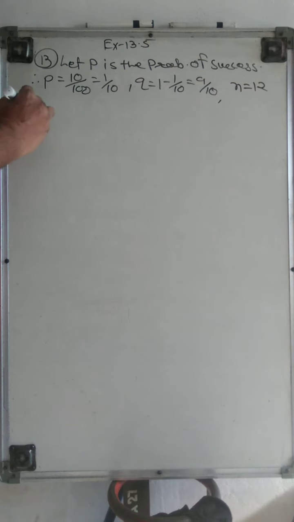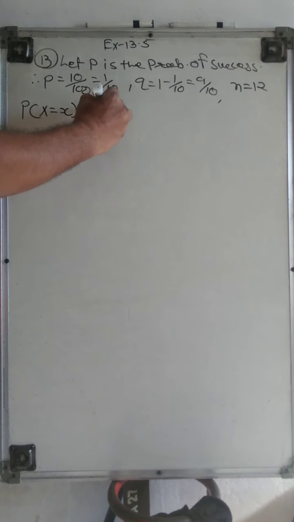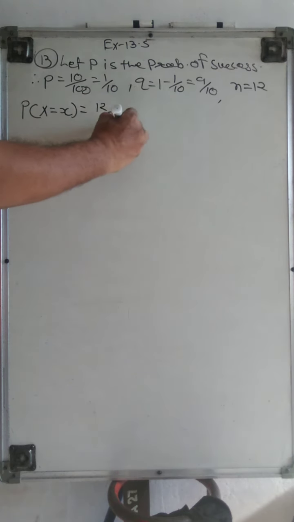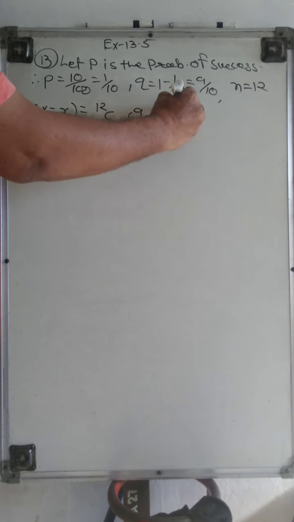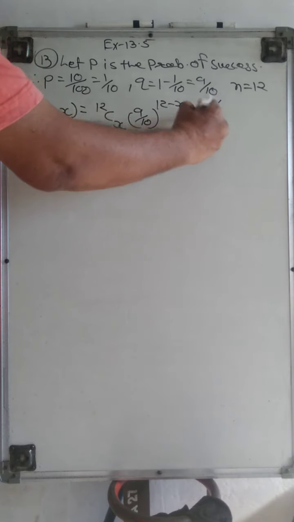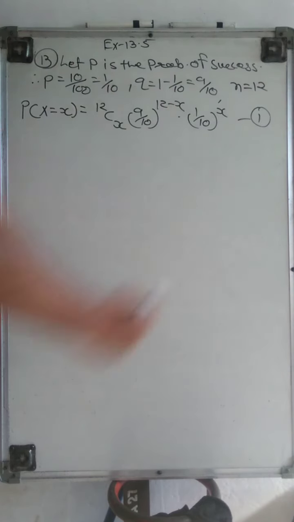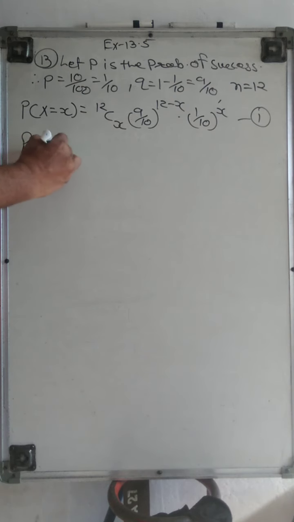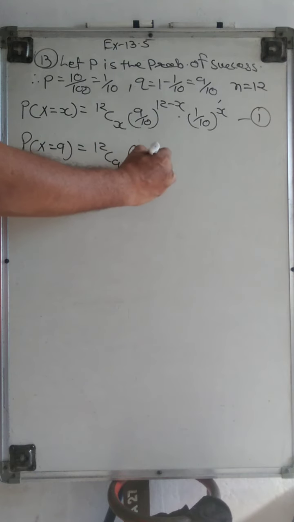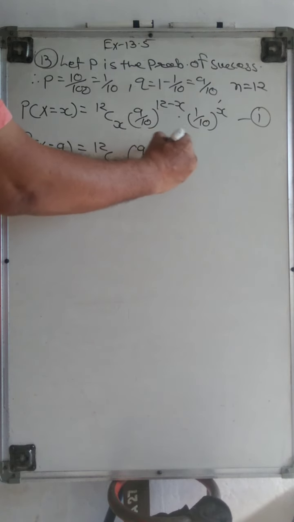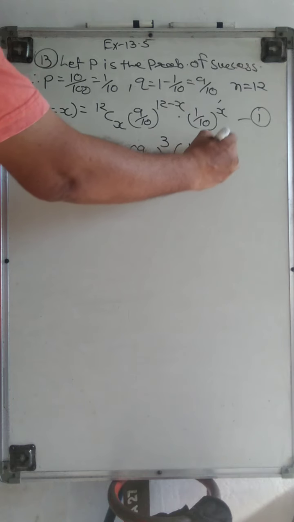So here the binomial distribution is P(X equal to x), which is 12Cx (9 by 10) raised to 12 minus x into (1 by 10) raised to x. Now here 9 are defective, means P(X equal to 9). So it is 12C9, (9 by 10) raised to 3 and (1 by 10) raised to 9.